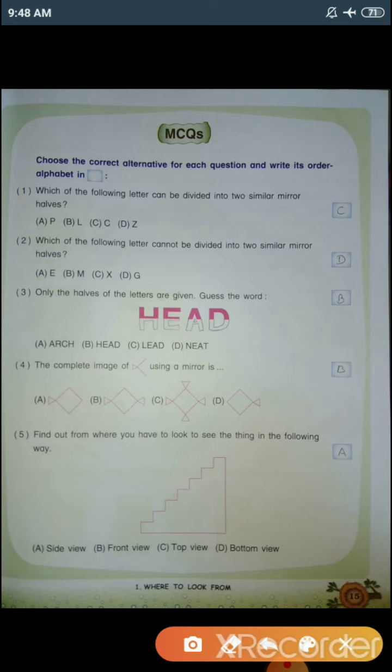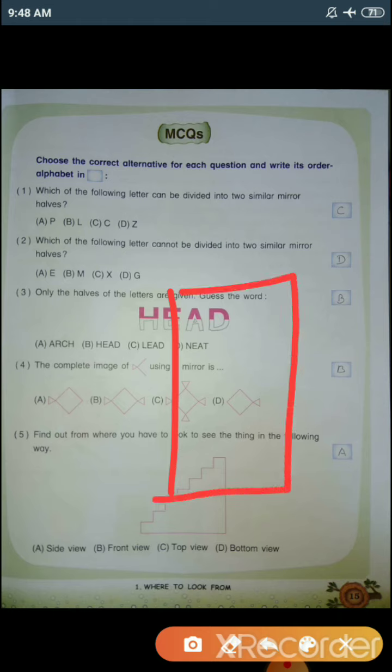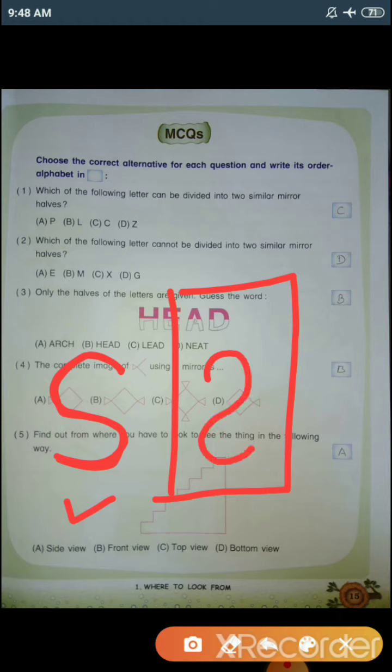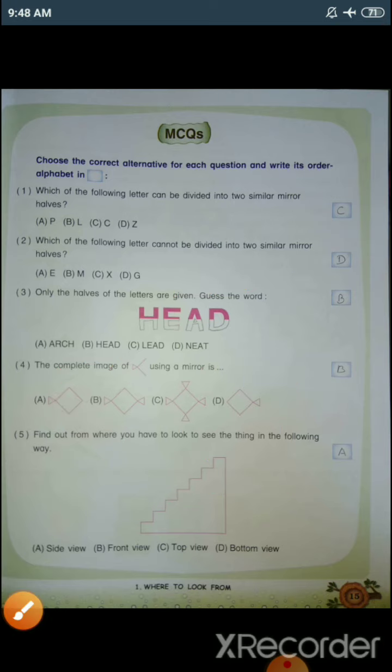Now I am going to show you one more example, suppose we take S. S in reality looks like this, but when we observe it in the mirror, it looks like this. It is called a mirror half shape. So let's begin.